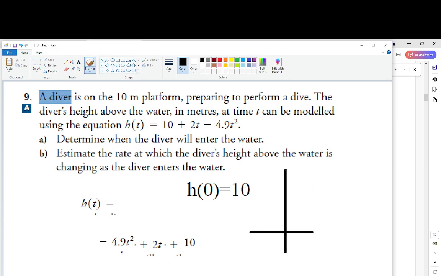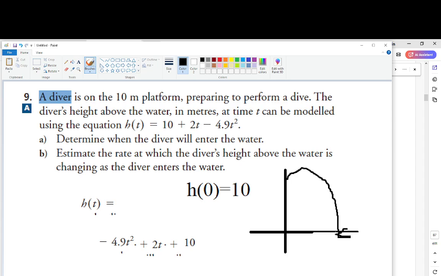It either starts here when he's at 10, he has to do a little dive and then hits the water, which is most likely. The only other scenario is that he's already at the height and just kind of falls into the water. But most times people do a little hop off the dive, which means he hits the water at the x-axis.